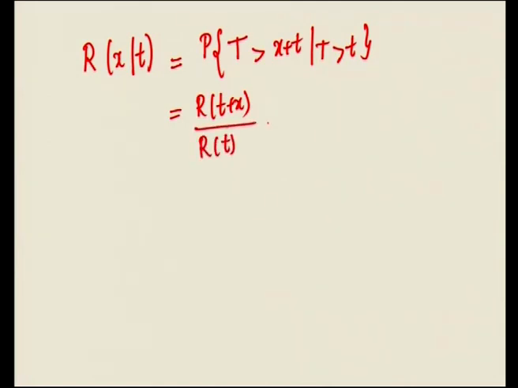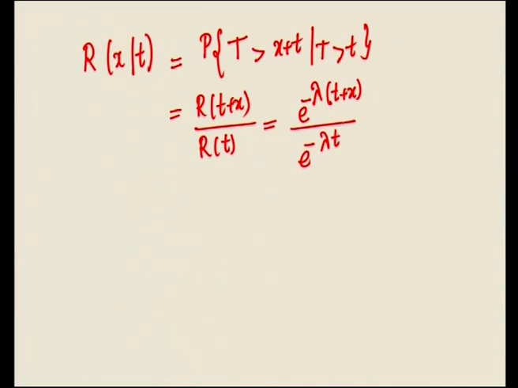So substitute the reliability function for the exponential distribution. What is the reliability function for exponential? It is e power minus lambda into the argument, here t plus x, divided by e power minus lambda t.